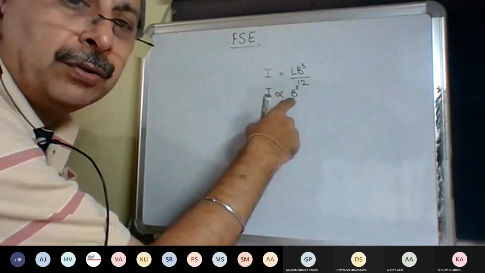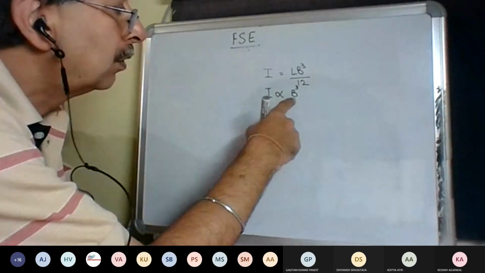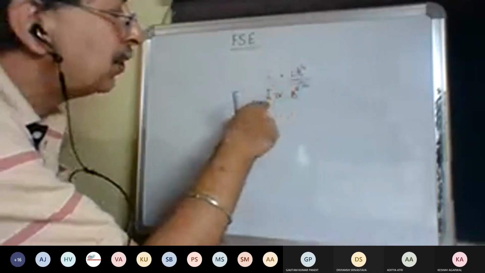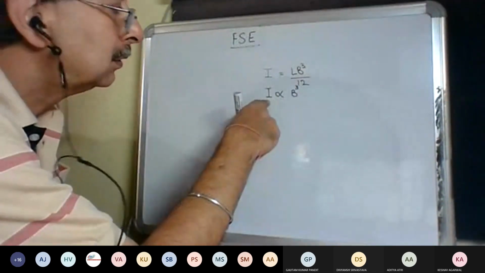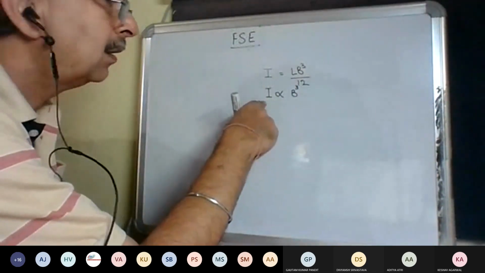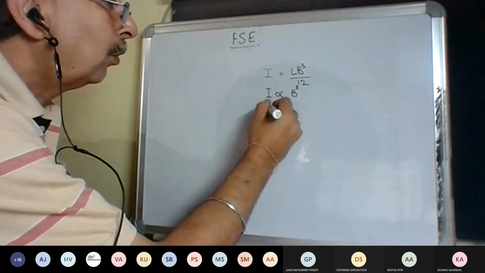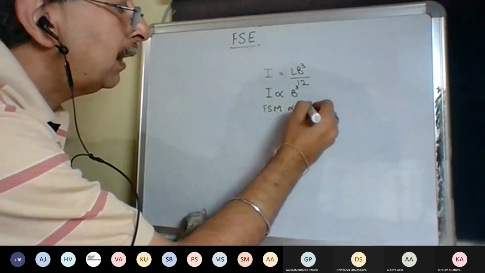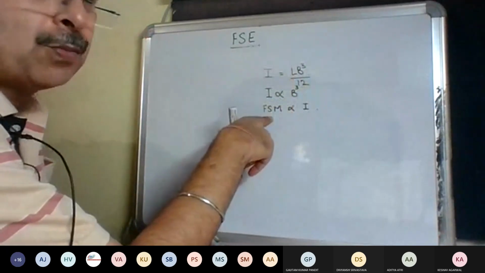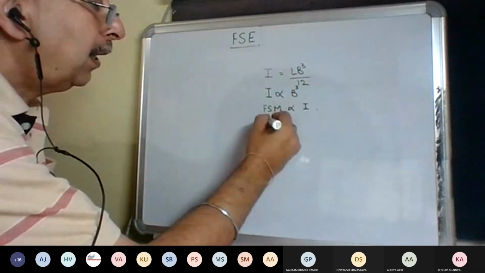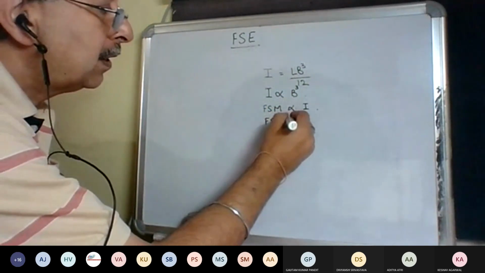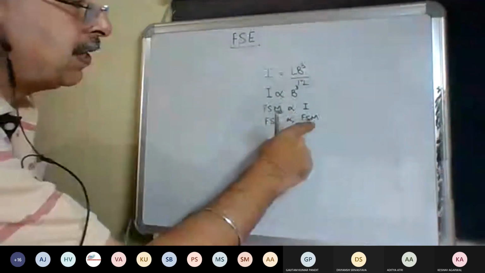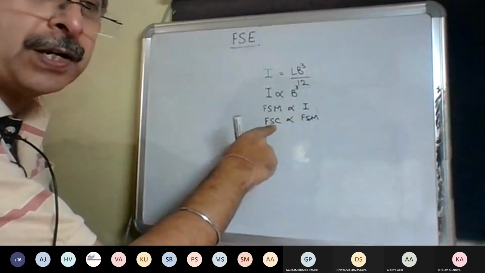As soon as my breadth increases, my moment of inertia increases, and if I increases, my free surface moment, which is directly proportional to I, increases, and FSC is directly proportional to FSM. As soon as free surface moment increases, free surface correction increases.